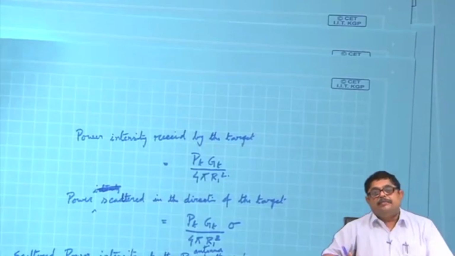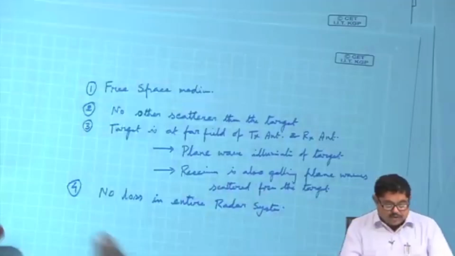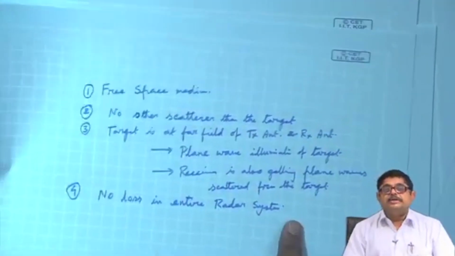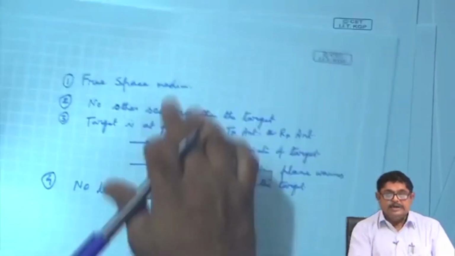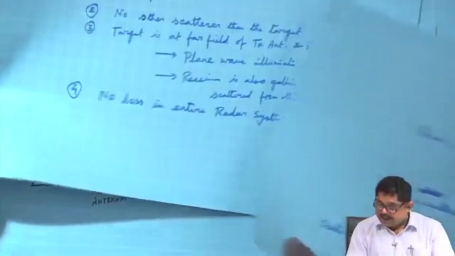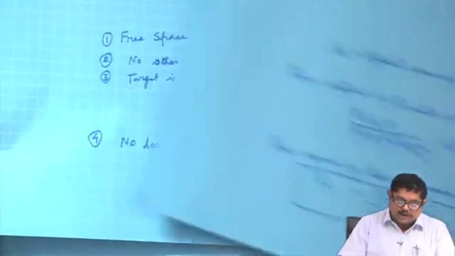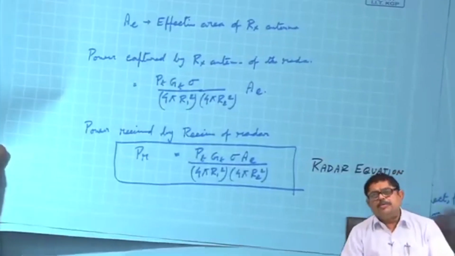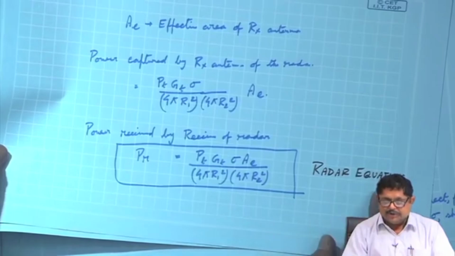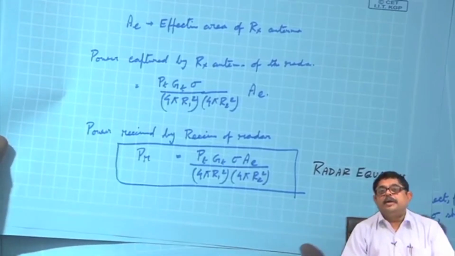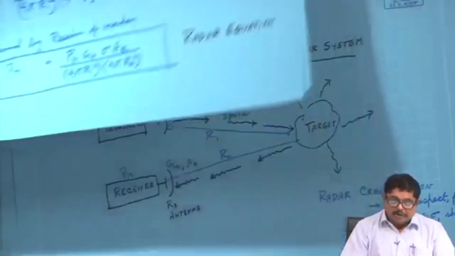That is in the form of a loss, but that is not a loss in the system. So, the lossless system is assumed for the radar. Under these 4 assumptions, this is the radar range equation, as someone calls it, though more correctly it should be called the radar equation. Okay. So, this model we have seen.